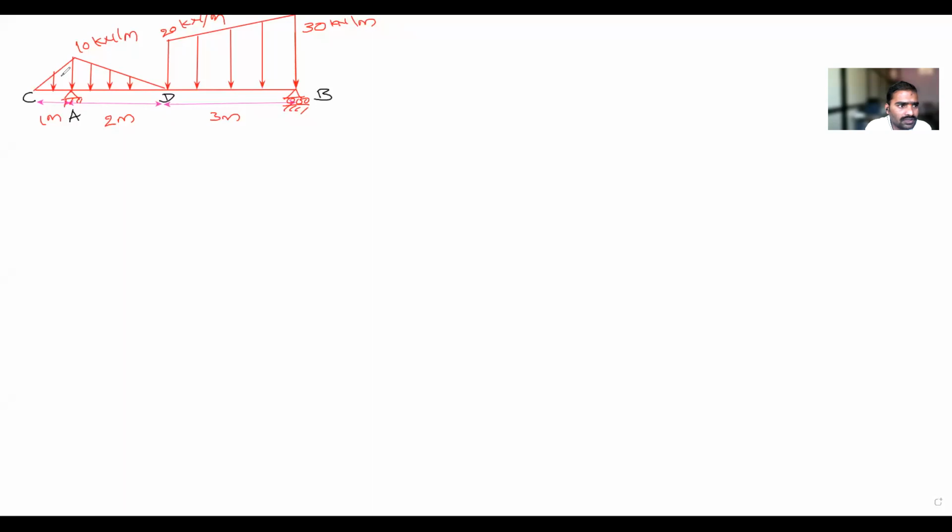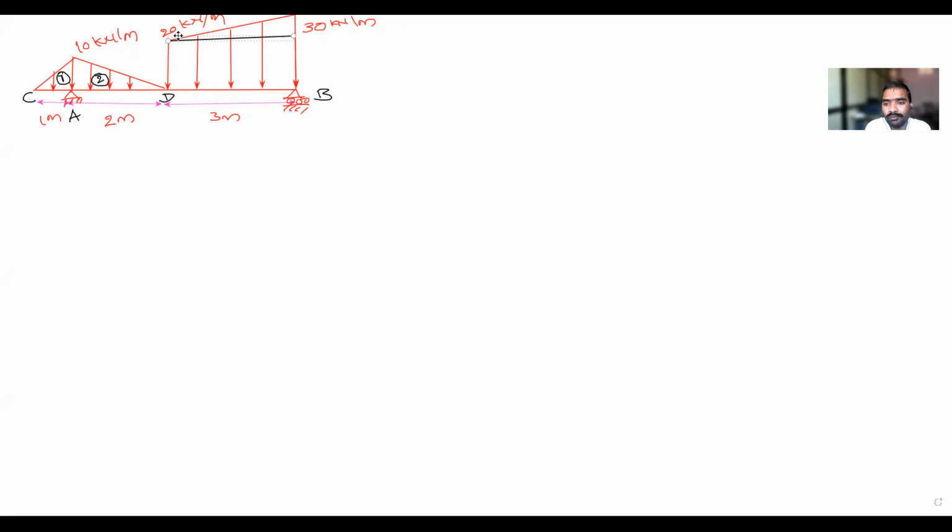AC is one triangle. AD is another triangle. Then again I will divide this trapezoidal load into two parts. One is triangular loading and another one is UDL. UDL का इंटेंसिटी कितना है?